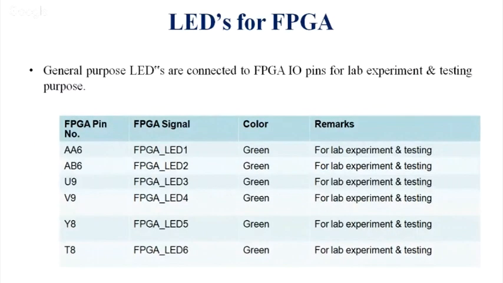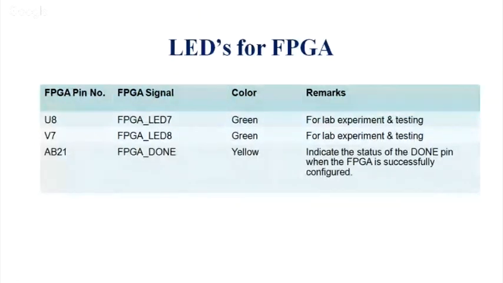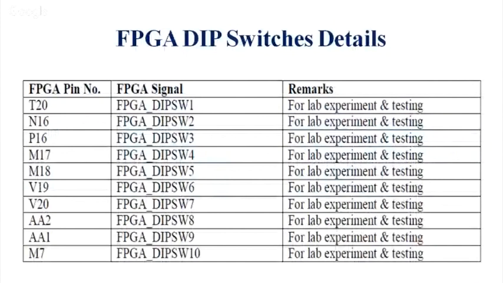They have 10 LEDs in this FPGA kit, and dip switches from which we can give input. There are multiple dip switches available in the FPGA. So I am taking T20 and N16, dip switch 1 and dip switch 2.